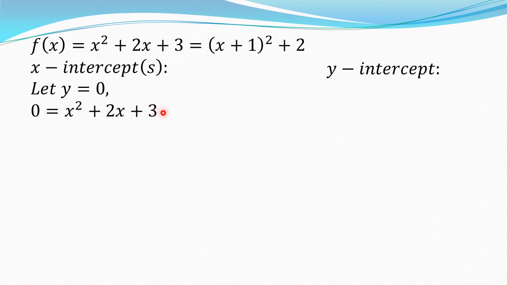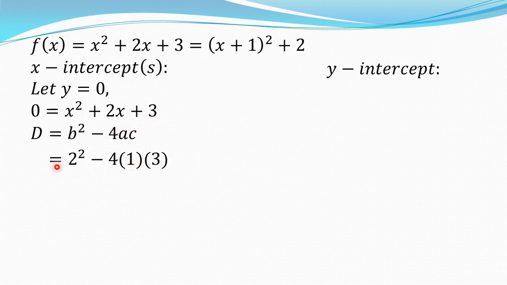If you want to have a little investigation on what your solutions would be, you could calculate the discriminant, which is b squared minus 4ac. You actually don't have to do this all the time, but only if you want to. So calculating this, your b is 2, your a is just 1, and your c is 3.